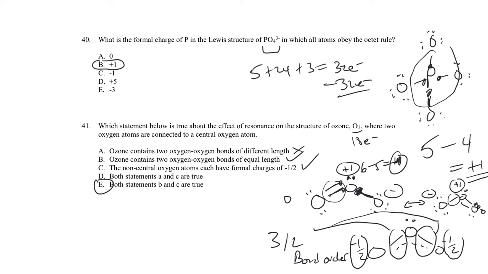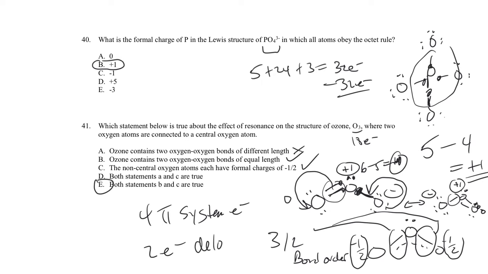Now let me say this in terms of the way you count pi system electrons. So the pi system electrons would be these 2 electrons here come into this bond. These 2 electrons leave. So we have 4 pi system electrons. But we have 2 electrons delocalized in the pi system.